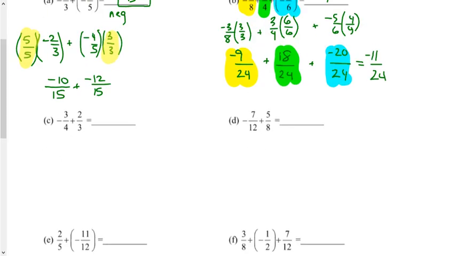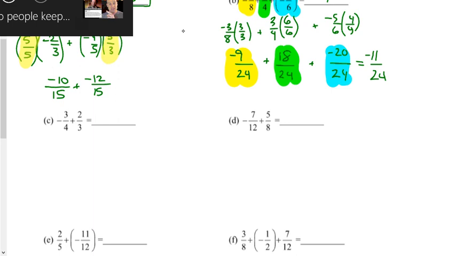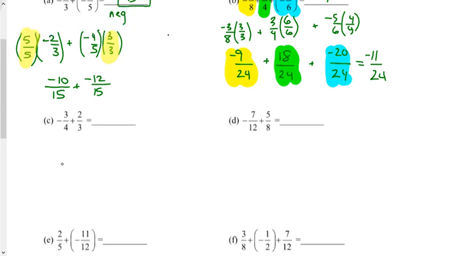All right. For this one, we've got -3/4 and 2/3. I know I've got to get to 12. Yeah, that's better. So we're going to take this, the 3 and the 4, we've got to get to 12. So we've got our 3/4 and we have our 2/3. So I'm going to multiply this one by 3 over 3.